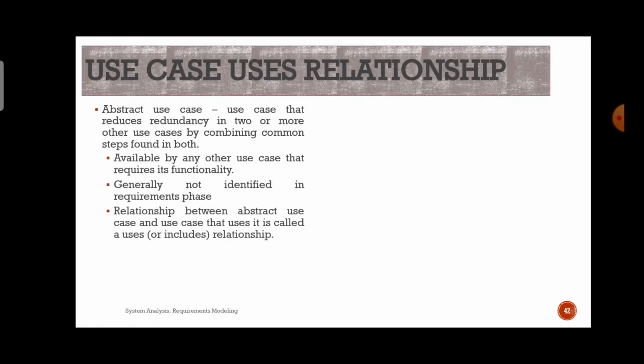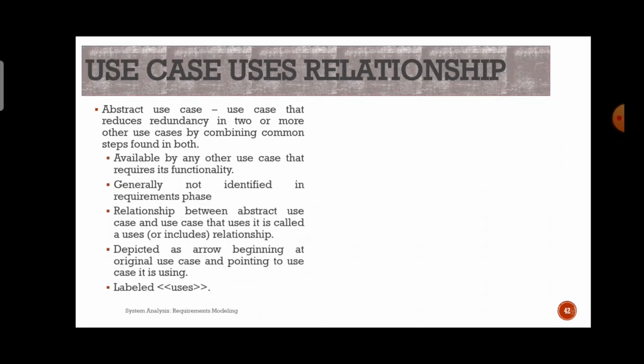The relationship between the abstract use case and the use case that uses it is called a uses or includes relationship. It is depicted as an arrow beginning at the original use case and pointing to the use case it is using, and it is labeled uses.